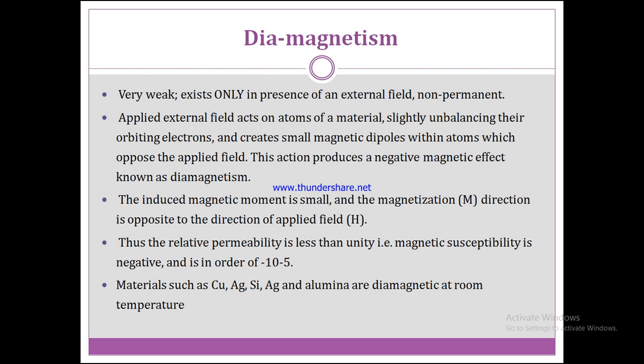As the induced magnetic moment is small, the magnetization direction is opposite to the direction of applied field H. Thus, the relative permeability of such a material is less than unity, and hence the magnetic susceptibility is negative, in the order of 10 raised to minus 5.